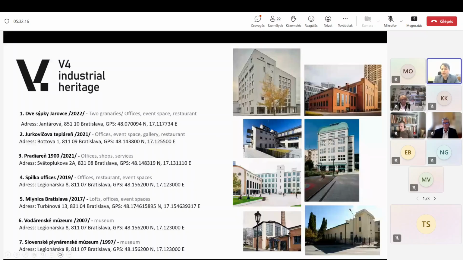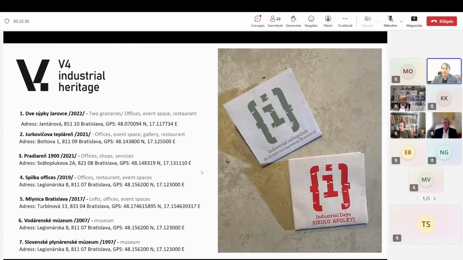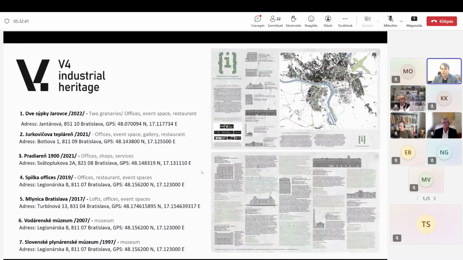Thanks to the experience with the Zone Chalupkova and the presentation of industrial heritage in the city center, we created in Design Factory with our colleagues small maps for visitors, where those 7 heritage sites are described and marked on the map of Bratislava, in Slovak and English.